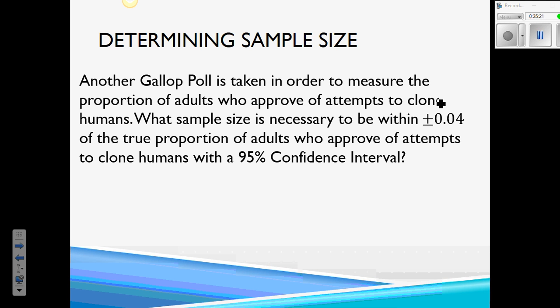Two things control how wide your confidence interval is. First thing is how confident you are, the confidence level. The more confident you are, the wider the interval. The other thing that controls how wide the interval is, your margin of error, is your sample size, right? Because we know with higher samples, we have lower variability. So if you want a specific margin of error, you're going to need a certain sample size to achieve that.